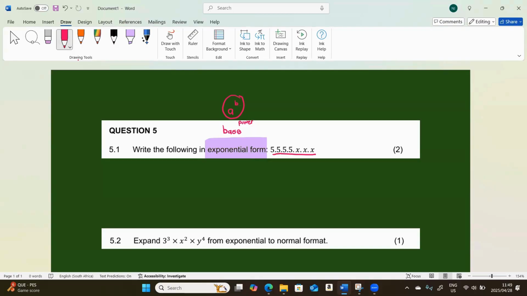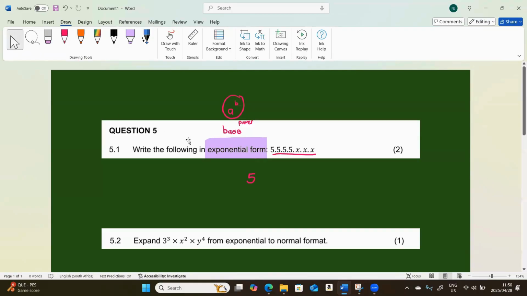So let's quickly rewrite this in exponential form. You ask yourself what number is being multiplied by itself, and the number 5 is being multiplied by itself, so that is my base. Then your power is how many times 5 is being multiplied by itself.